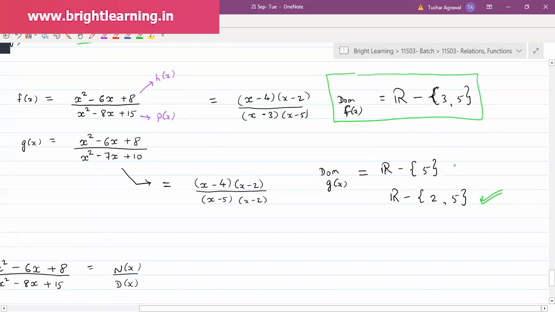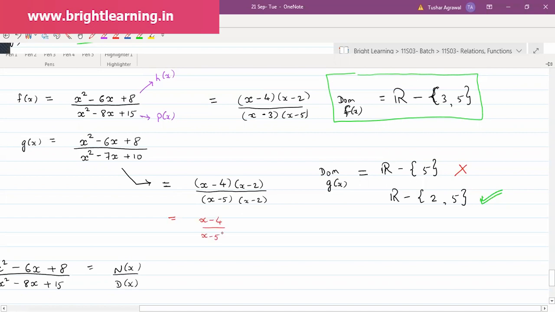the first is the wrong answer, because if you are thinking that x minus 2 I will directly cancel out, and this function will be equal to x minus 4 upon x minus 5, then this is wrong. This equality is true only if x is not equal to 2. Only then you can cancel out. A non-zero number upon the same non-zero number you can cancel out as 1.